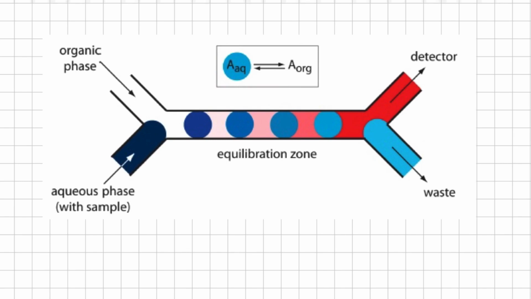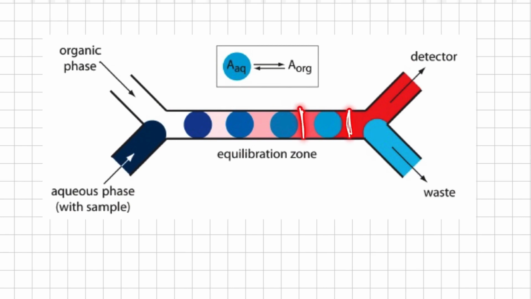However, the analyte is coming from our aqueous phase and is shifting towards the organic phase. So the color of this blue dot is changing, representing that our analyte is exiting from this phase, and the color of the organic phase is periodically changing into red. The analyte is withdrawing itself from the aqueous phase and entering into the organic phase.